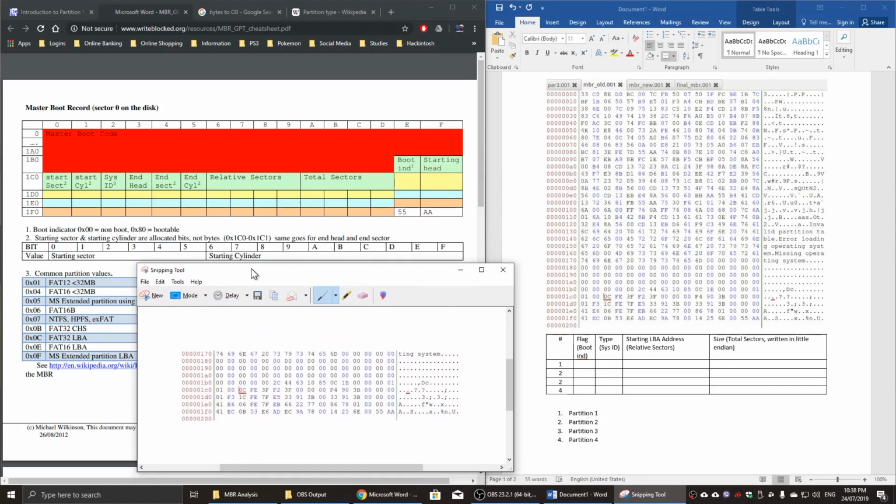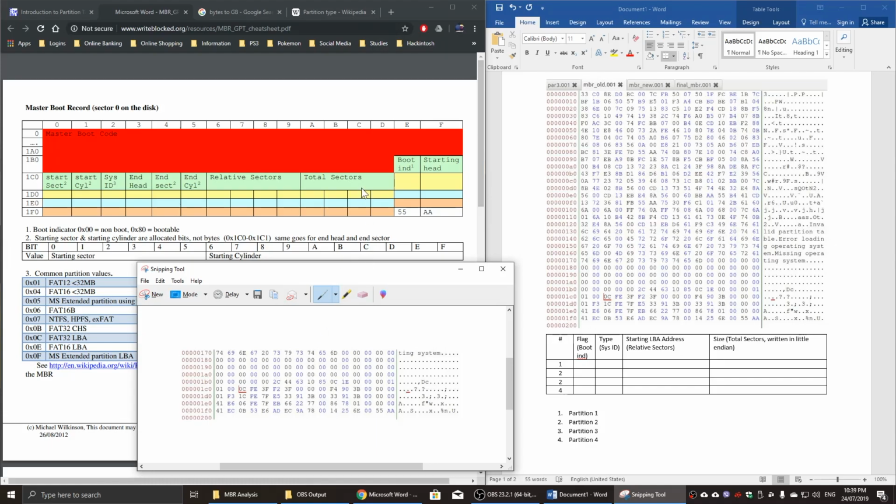So I've retrieved this MBR from the internet, and you've got to understand a few things before we begin. Whoever cropped this image out, the layout of this MBR view is 16 bytes per row: 2, 4, 6, 8, 10, 12, 14, 16. 16 bytes per row. 2 hexadecimal numbers represent 1 byte.